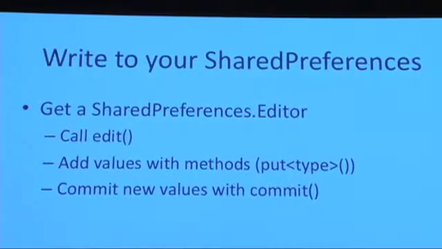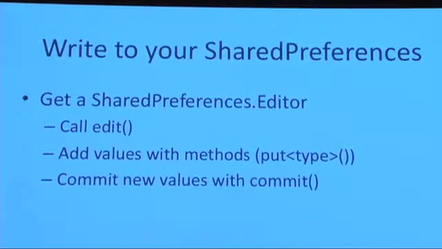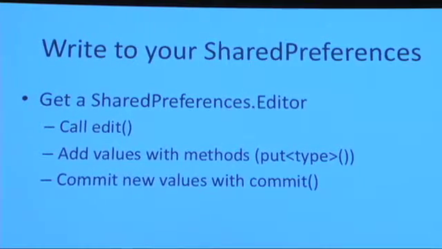This is very similar to bundles, where we saw that you can put string and put character, but you actually put this within your SharedPreferences.Editor object instead. And you have to make sure that when you edit your shared preferences that you commit them. Otherwise, these will be lost and you'll be wondering why your shared preferences aren't actually there.